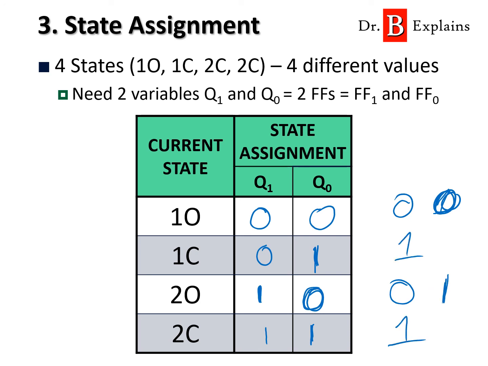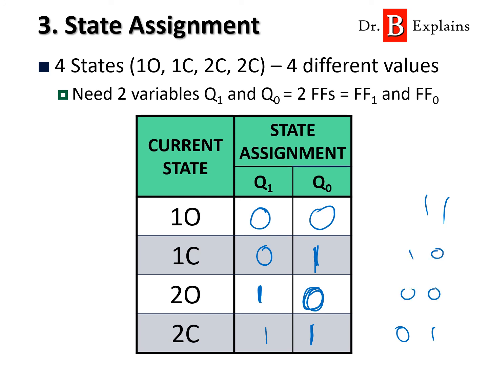So I've kind of flipped the variables, and you can do any order, any assignment. You can even say this one is 1 1, this one is 0 1, this one is 0 0, 1 0, any order that you prefer.